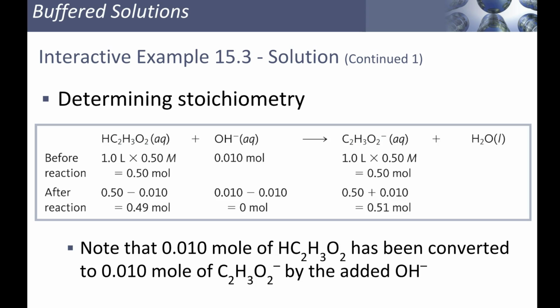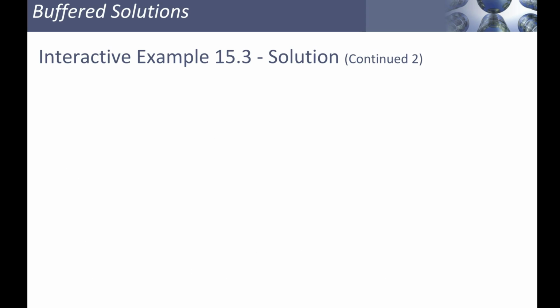And then what happens is because you're adding the hydroxide to it, you're actually getting more acetate out of it. Once you add hydroxide, the hydroxide is going to take away the H. Okay. So now you have more acetate. As much hydroxide as you added, that's how much more acetate you're going to have.